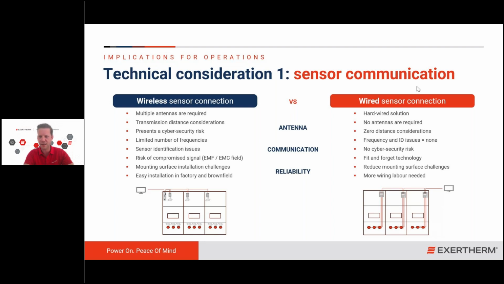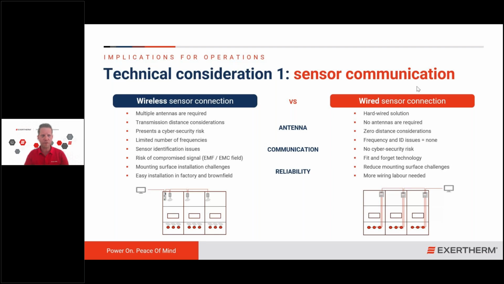It's a fit and forget technology, which also doesn't have any of these surface mounting challenges, since typically the wires would be guided in the safe wireways like any other control wiring or auxiliary wiring. Certainly, on the other hand, when having a fully hardwired solution, that degree of additional wiring and labor related to it will be needed.